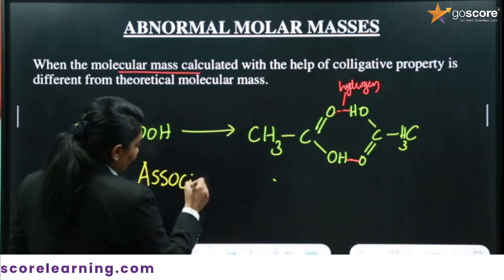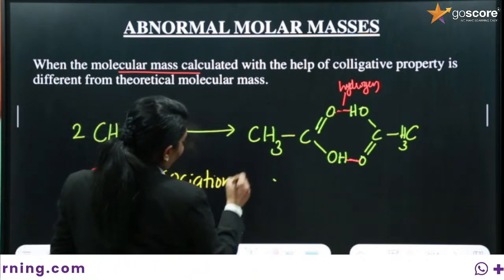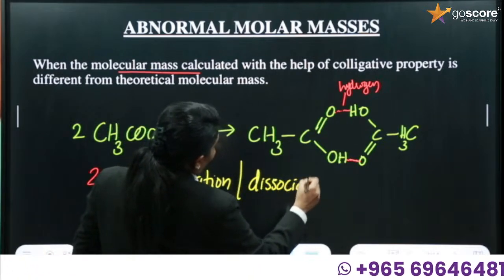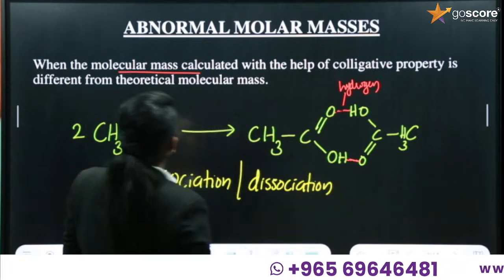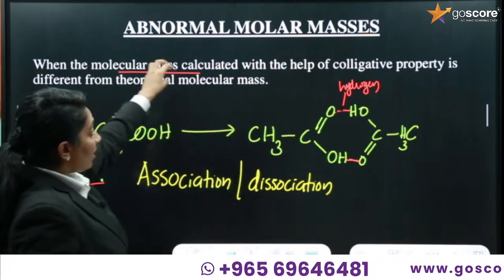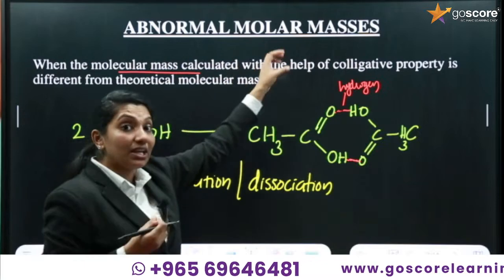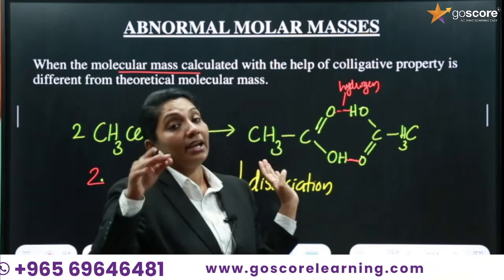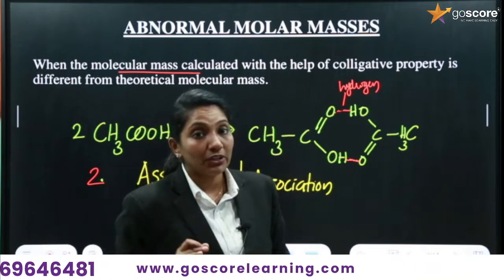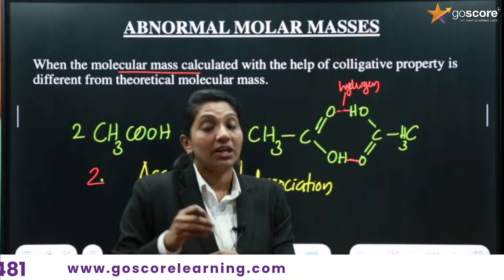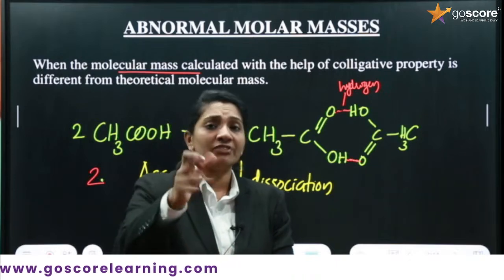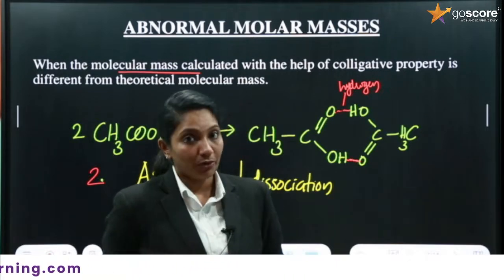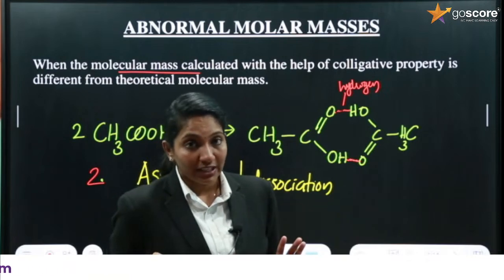And the abnormal molar mass is mainly due to association or due to dissociation. So, when the molecular mass is calculated with the help of the colligative property, we have done the calculation numericals in the last part to find out the molecular mass. If we are adding an unknown solute, if the amount of solute is known, we can find out the molecular mass of the solute by using the colligative property. We have done the numericals based on that, right?